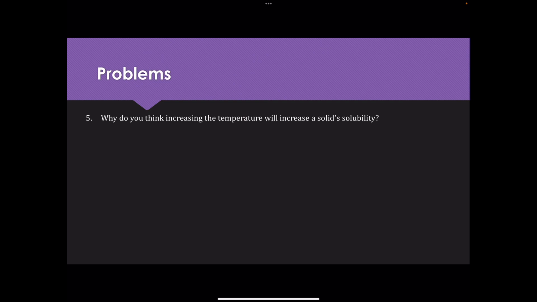They're going to also impact solubility. Increasing the temperature provides more energy to our particles. If my particles have more energy, that gives them a better ability to break those intermolecular forces. And so if we can break our forces better, then our solute is going to be able to dissolve more easily.